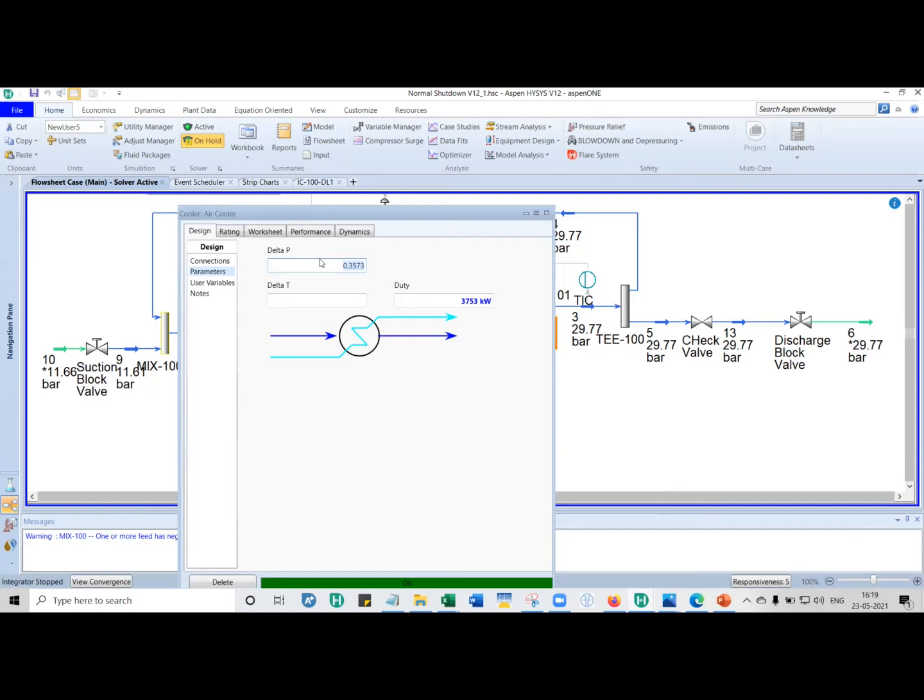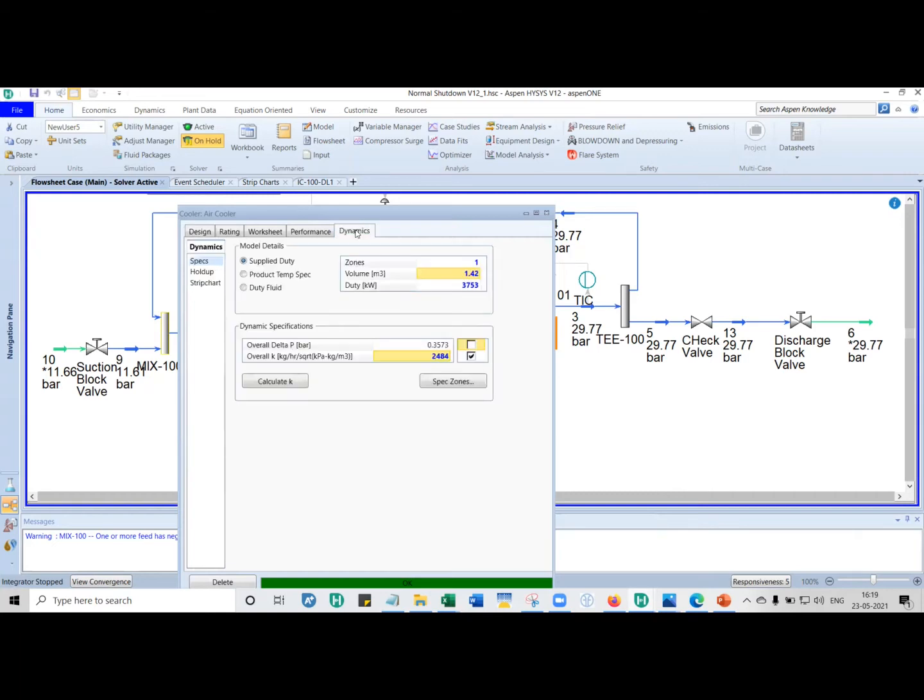But if the flow rate went from 1000 to 1200 kg per hour, the pressure drop will not be 0.5. It can become 0.55 or 0.6.